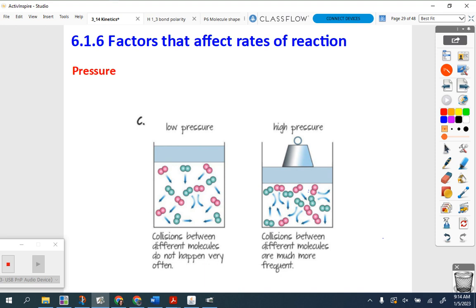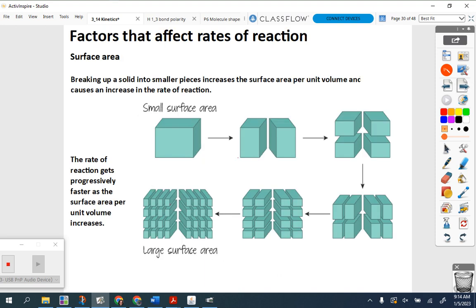Okay, the next one is the same thing, but we talk about it in two different ways. It's surface area and particle size. It ends up meaning the same thing. So surface area, the surface area for the same unit volume is going to increase if we cut the substance into smaller pieces.